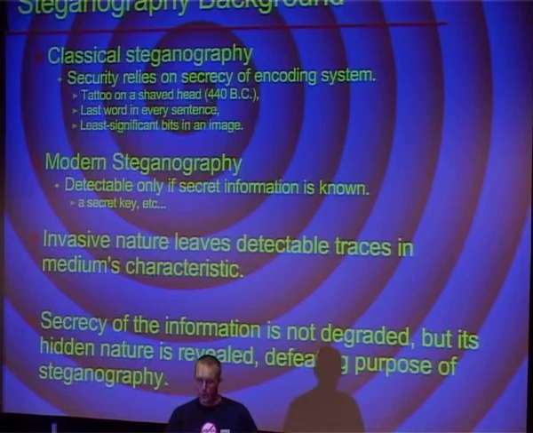So while the secrecy of the information is not degraded, you might be able to tell that there's something hidden. You do not know what has been hidden. The purpose of steganography is to defeat this, because you try to make it impossible for anybody but the recipient to know that information was hidden to begin with. You don't want anybody else to know that communication is hidden.